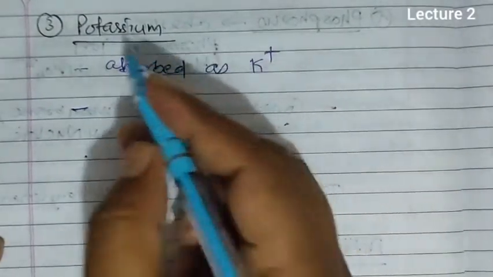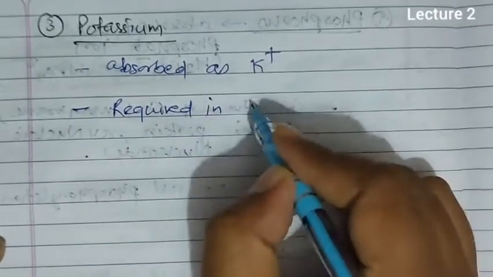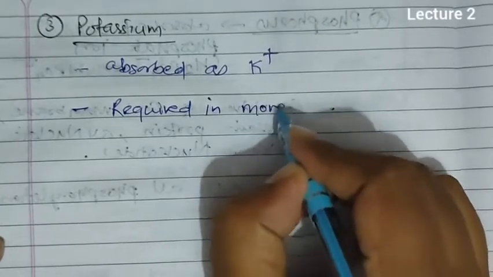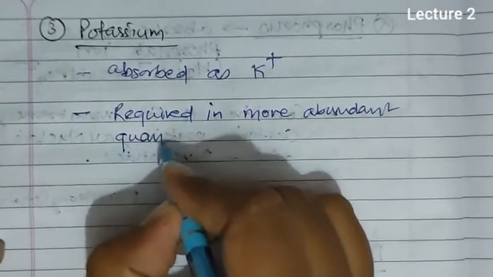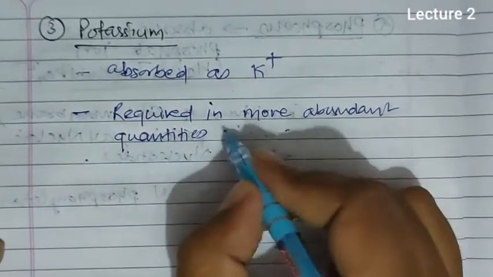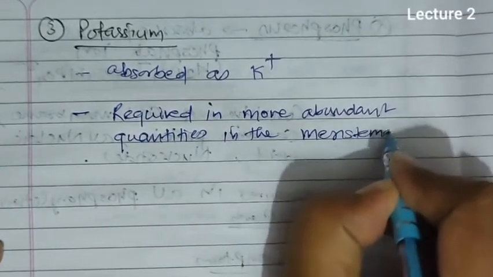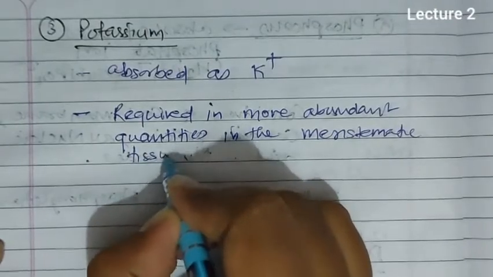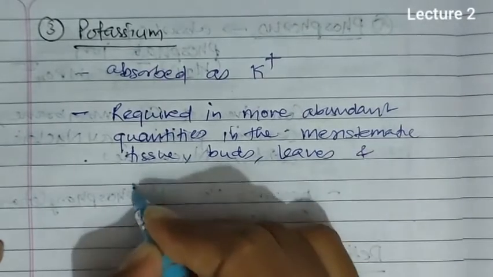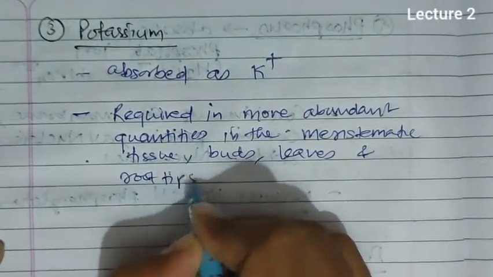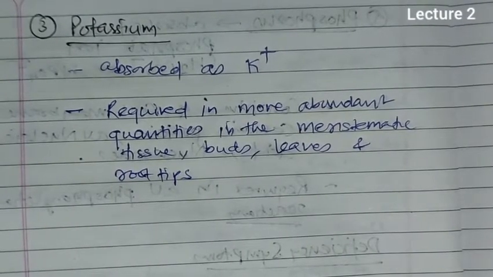When we talk about requirement in plants, it is required in more abundant quantities in the meristematic tissues, buds, leaves and root tips. This is the region where there is a need of this potassium in abundant quantities.